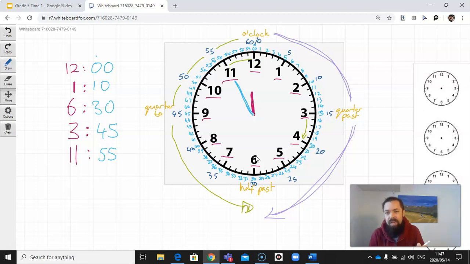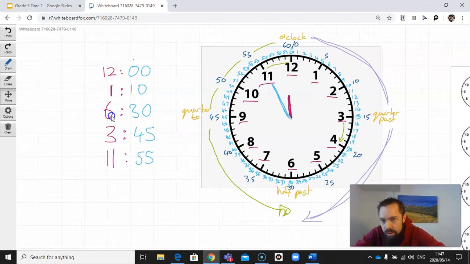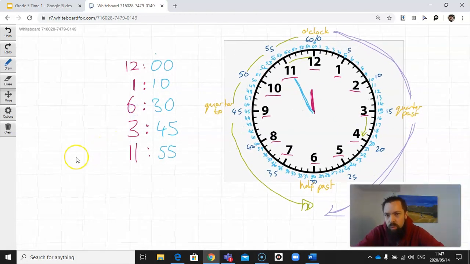So we say how many minutes until we get to the next hour. And that's really, I think, the thing that trips people up the most. So let's look at the times that we've written down on the side there. I'm going to scooch over a little bit. And let's write down what those times are in words.